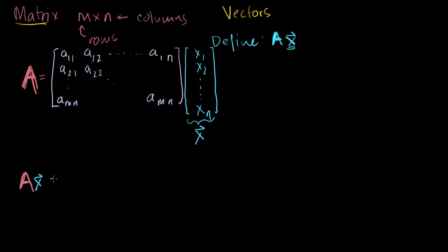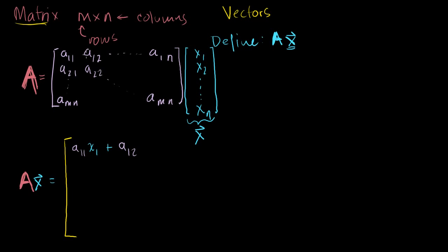So we're defining this to be equal to, let me write it out fairly large. You're going to take each row. We're going to show you that there are multiple ways to visualize this, but it's going to be A11 times x1.